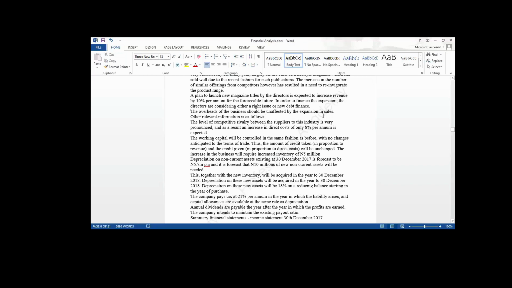Please, what is overhead cost? What do you understand by overhead cost?